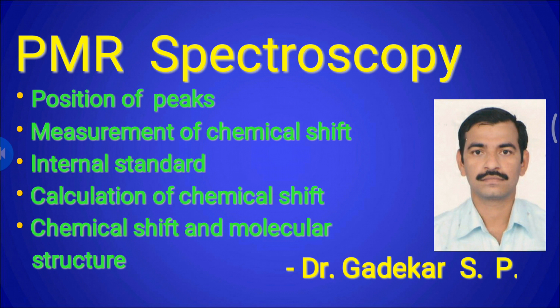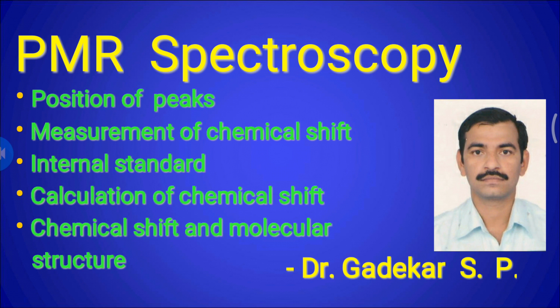In this PMR spectroscopy we use an instrument, and this instrument consists of a magnet, and this is the most important part. This magnet produces a magnetic field, and this magnetic field is essential for chemical shift. Next we use a generator.